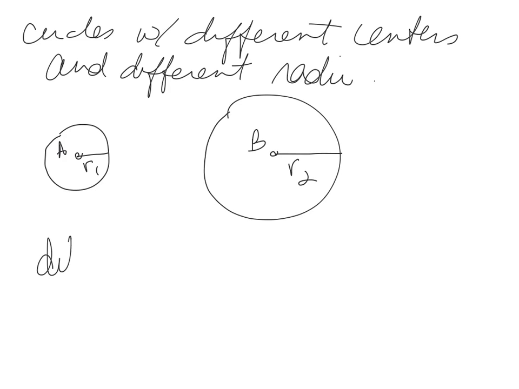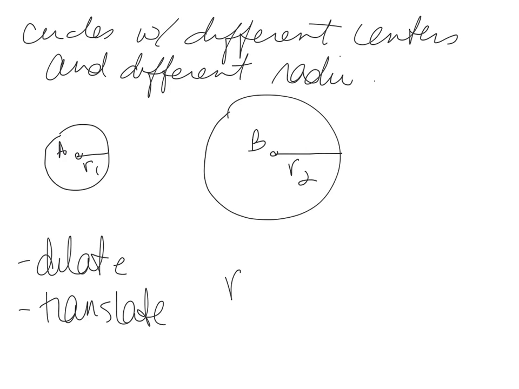I can dilate them to get them back to the same radius, and then translate along a vector. So first my scale factor, if I'm going from A to B, getting bigger, I would divide radius 2 by radius 1. Let's just do that to make our notation the same. And then I would translate along a vector.